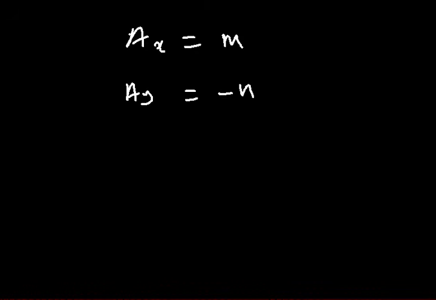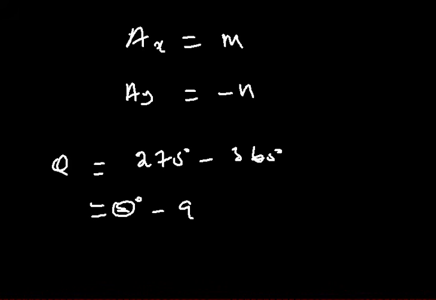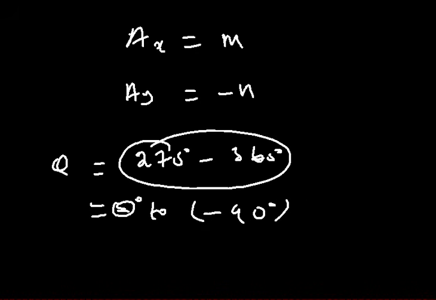And obviously, the vector has to be in the fourth quadrant, and the possible directions should be 270 degrees to 360 degrees, or else the angle should be 0 degrees to negative 90 degrees.